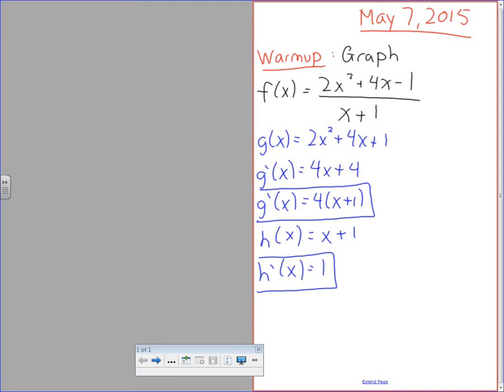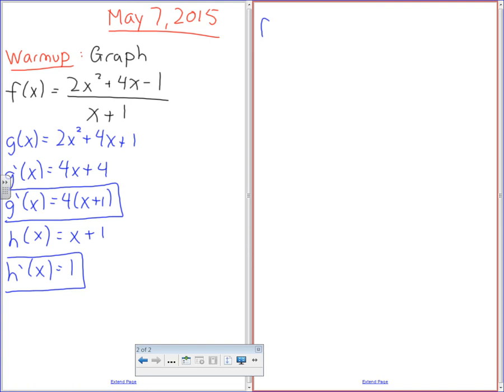Okay, so can someone be brave and mash that all together for me? Someone from the front row. F prime of x equal to what? Yes. 4x plus 1 squared. Good.